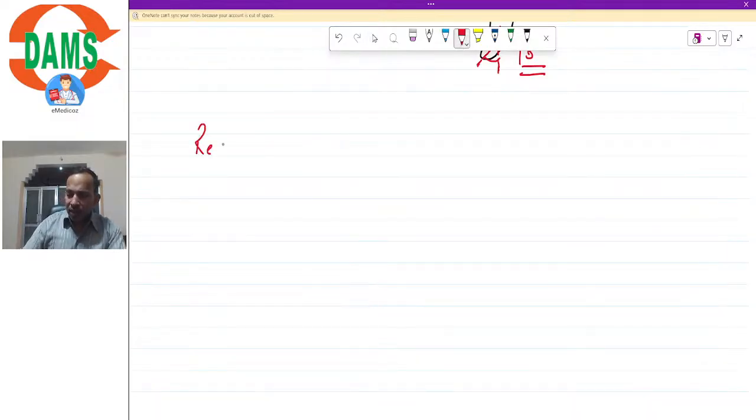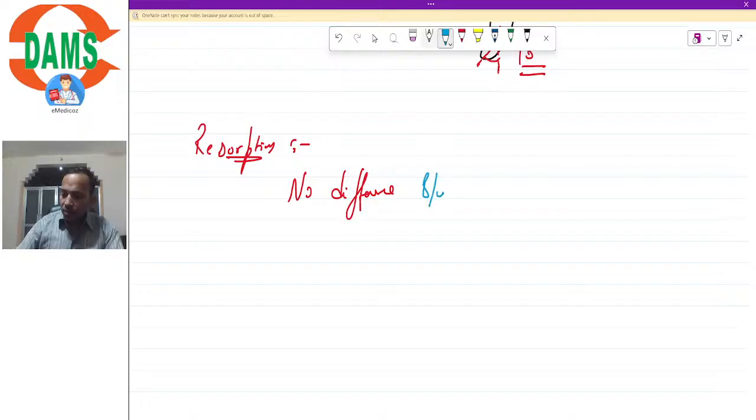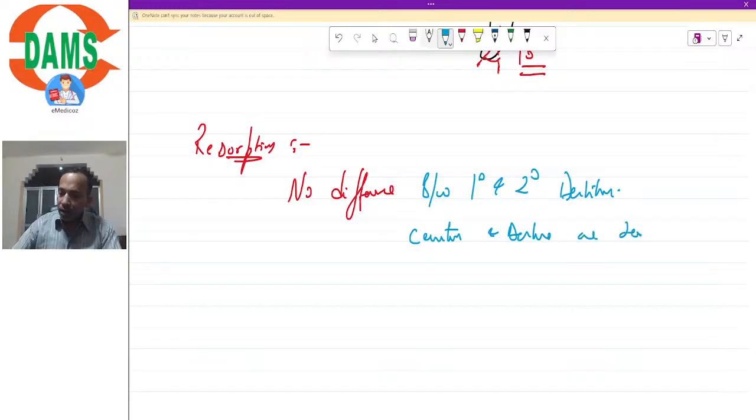So as far as the resorption is concerned, there is no difference between primary and permanent dentition. The cementum and dentine are same. The pulp is same, everything is same.